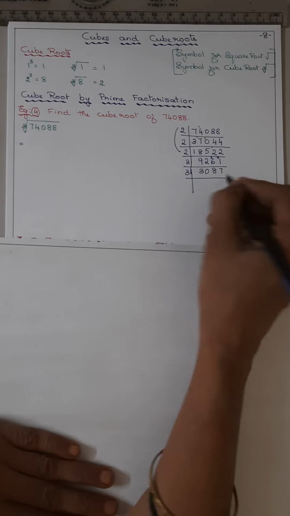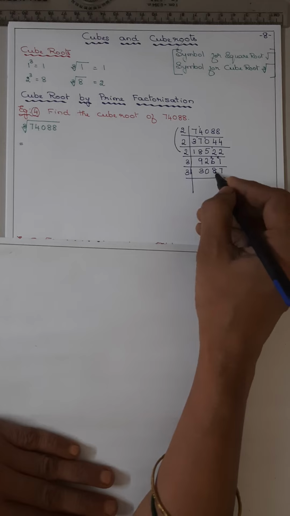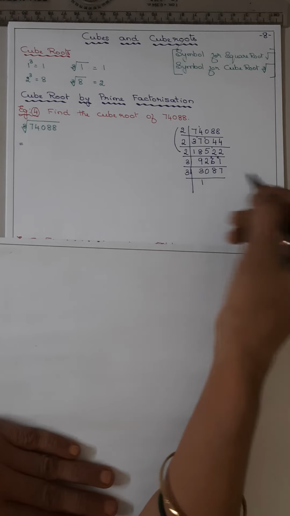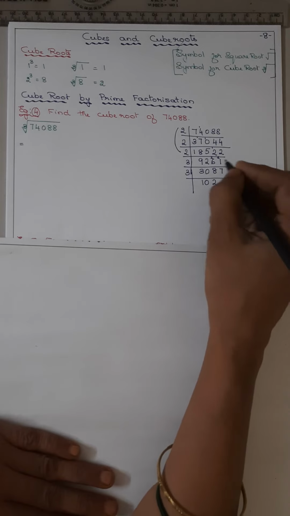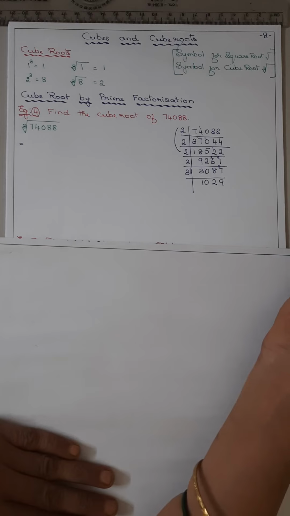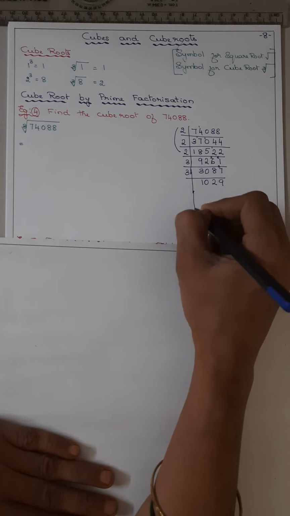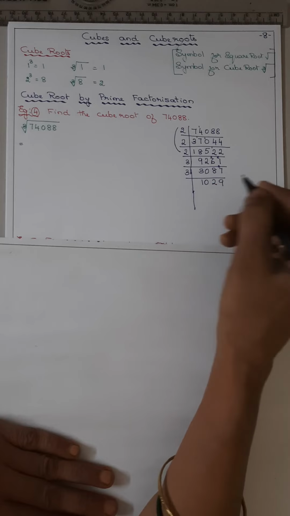Now again with 3, because 3 plus 7, 10, 18. 3 1s are 3, 0 as it is. 3 2s are 6, 2 remains. 3 9s are 27. Now again 3. 9 plus 1, 10 plus 2, 12.